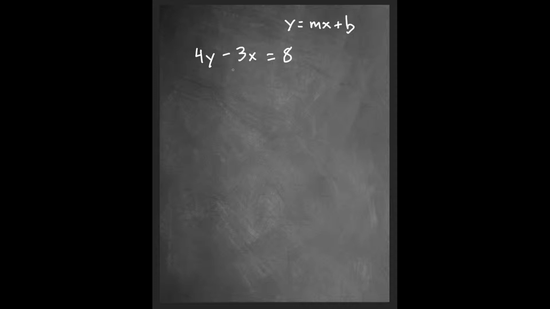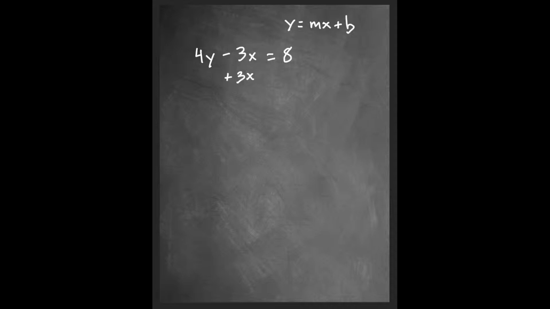But how do we do that? We do that by doing things to both sides of the equation. Let me show you. If we have a minus 3x on this side, well, we can get rid of that by adding 3x, because negative 3x plus 3x equals 0. Well, that's great.